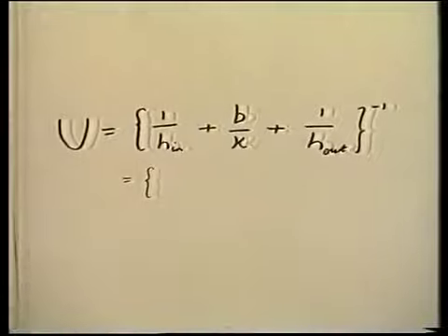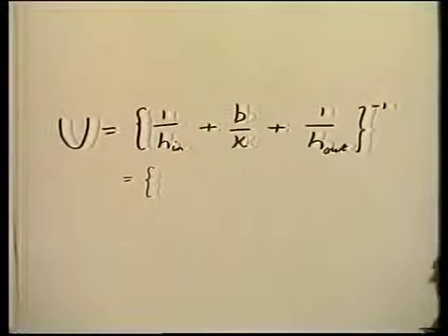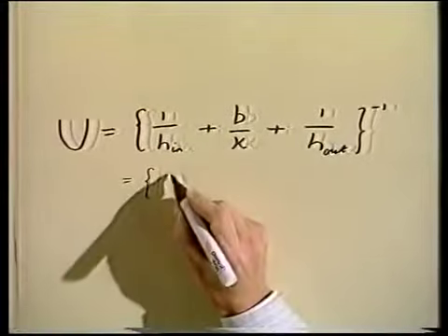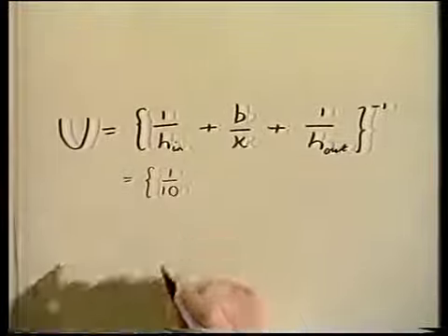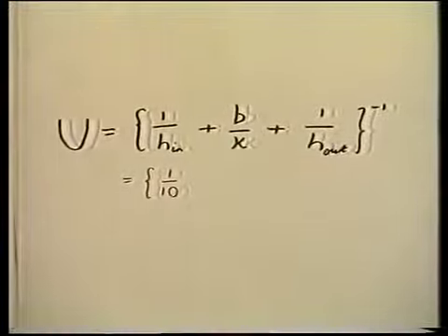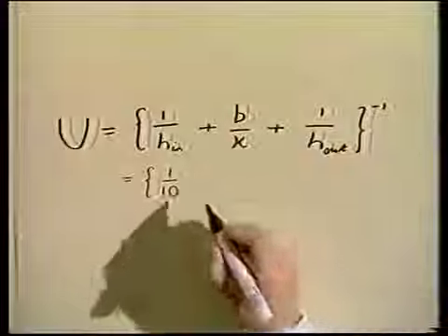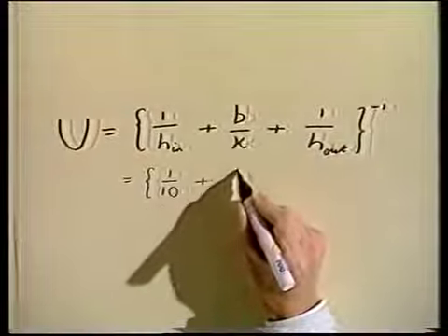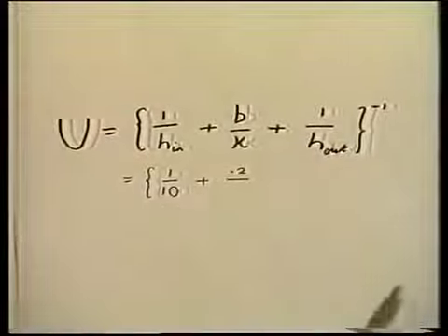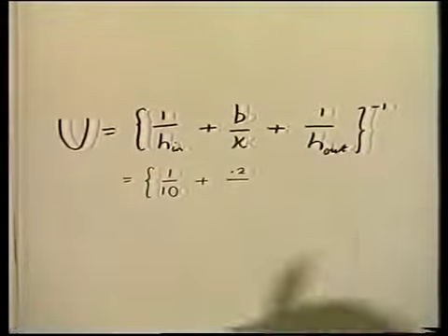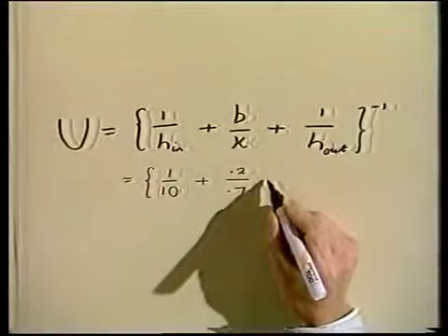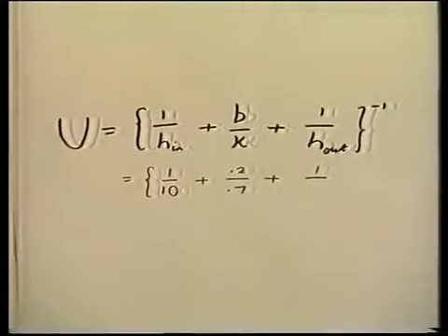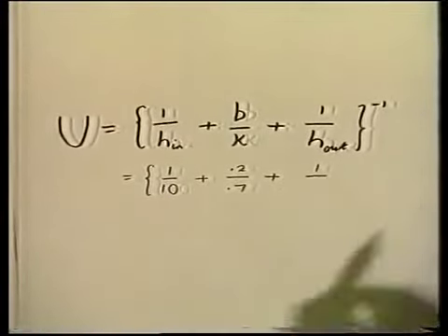Well, the convective heat transfer coefficient inside, that's 10. The thickness of the wall, 0.2 of a metre. Thermal conductivity, 0.7. And H out, 20.